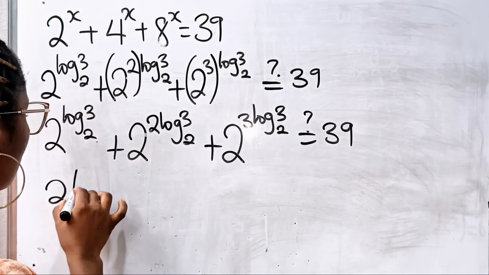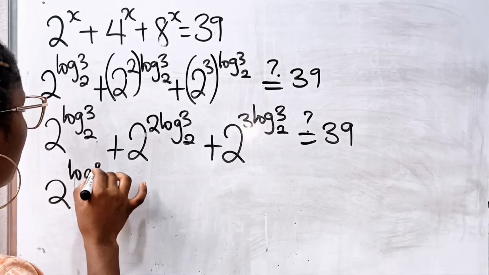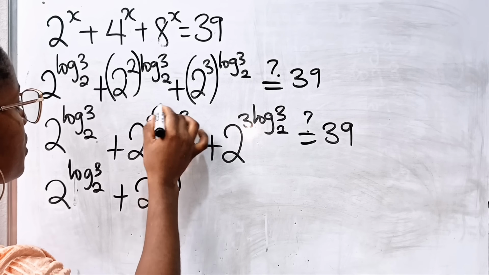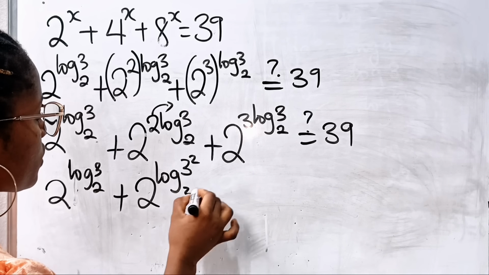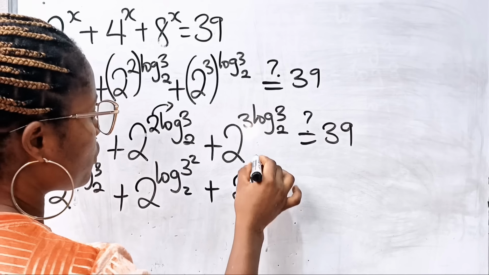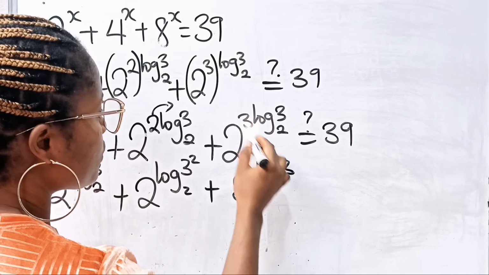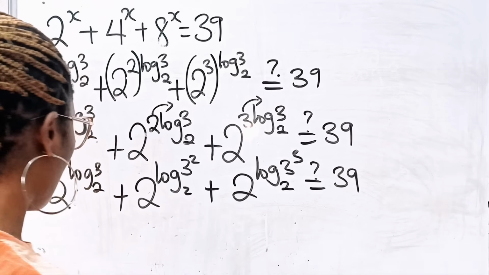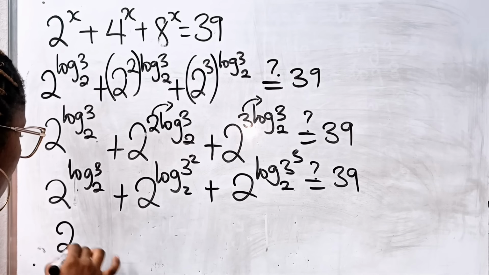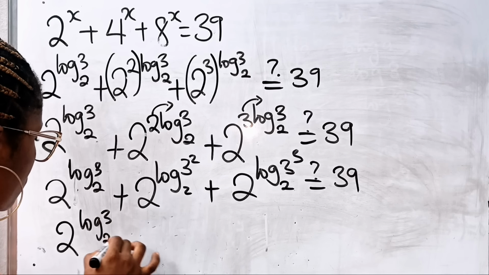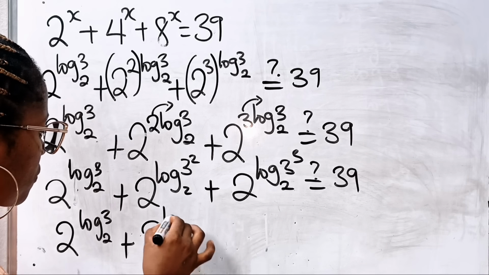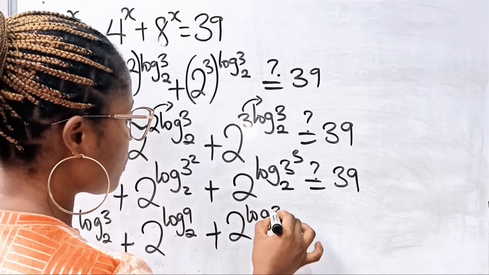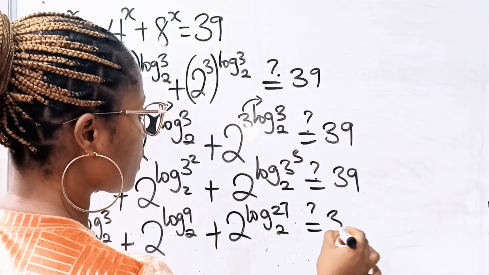Now let's bring the coefficients inside the log. It will be 3 to the power of 2 base 2, and 3 to the power of 3 base 2. So moving forward, we have 2 to the power of log 3 base 2 plus 2 to the power of log 9 base 2 plus 2 to the power of log 27 base 2. Is this equal to 39?